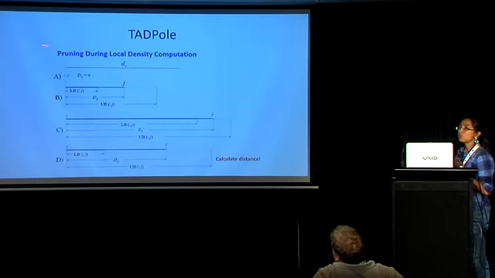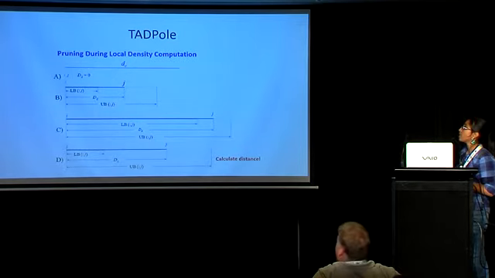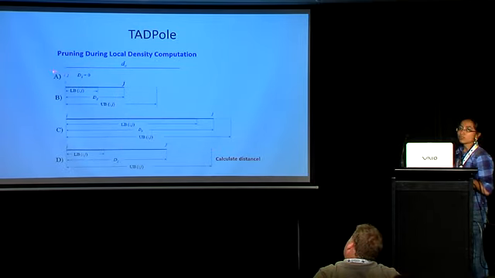First, we do distance pruning during local density computation. As I said, the density means how many objects are within some object's pre-specified neighborhood. Suppose we have this pre-specified neighborhood, which is this DC. Now we have these 4 exhaustive cases from top to bottom. Suppose this pathological case where I and J, these 2 objects, are identical, then their distance is 0, so you don't need to compute the distance.